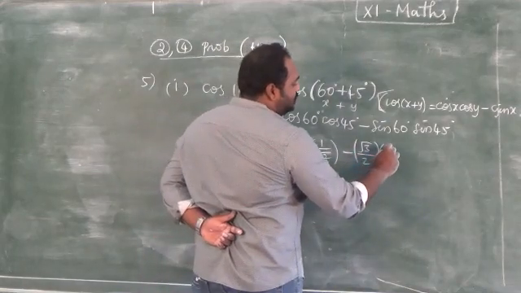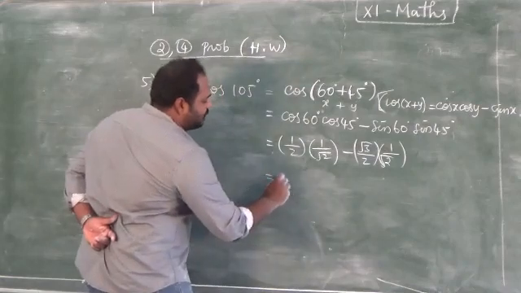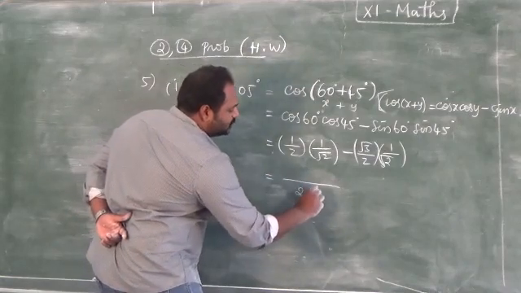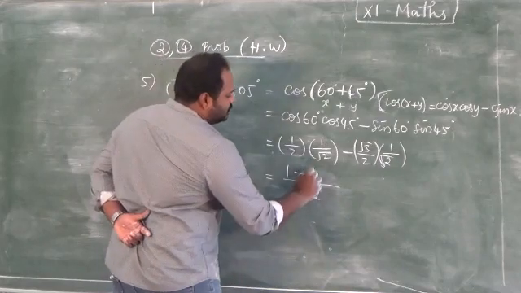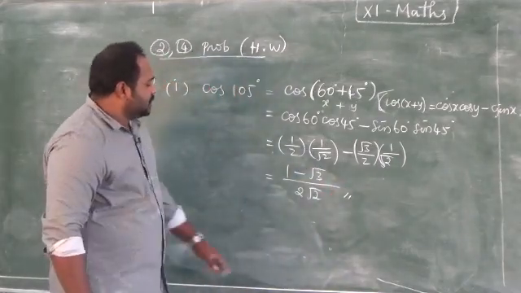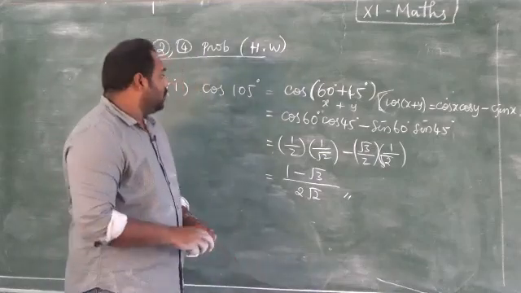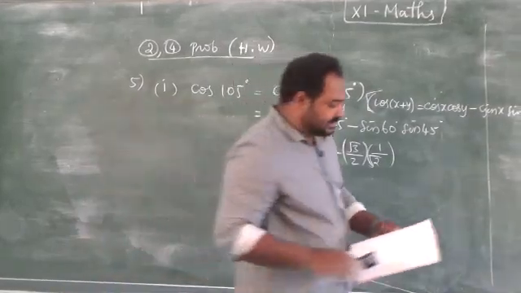Sin 45 is 1 by root 2. What is the common denominator? 2 root 2. It is 1 minus root 3. So this is the value for cos 105.